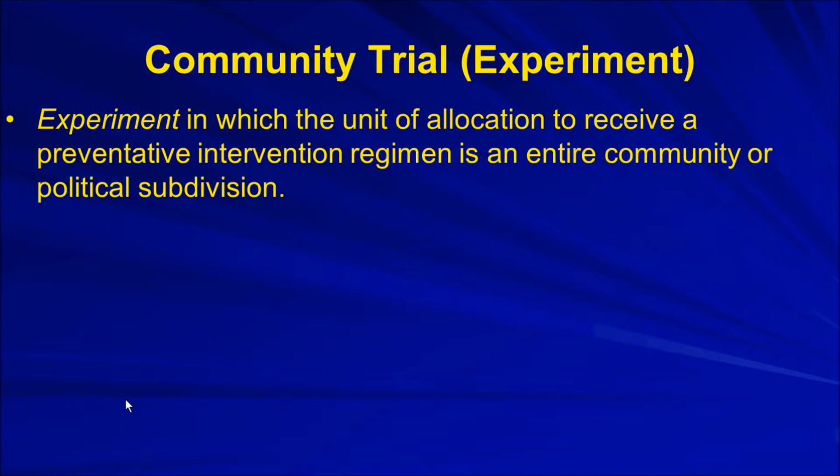Probably one of the best examples is the Stanford Three Cities Project. That's a study that I worked on when I was a Stanford student and ultimately graduated from Stanford. It deals with 3 cities, and the cities are very similar.